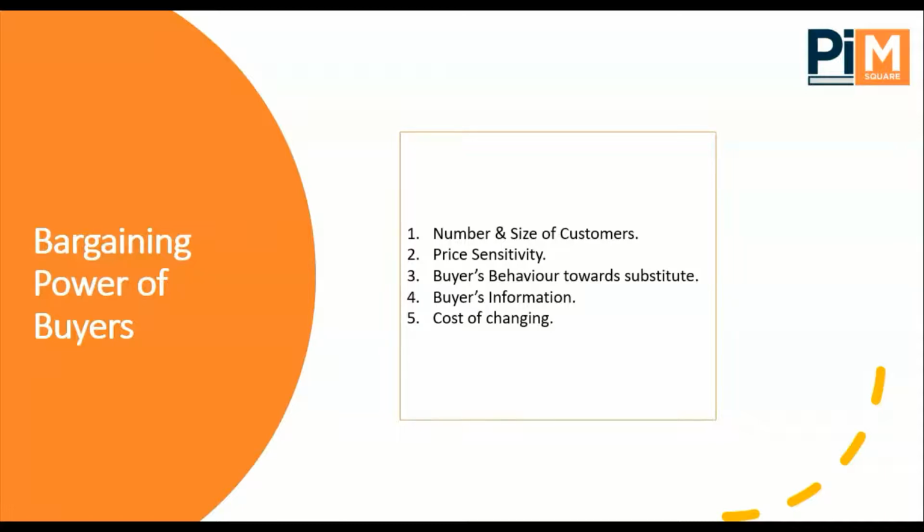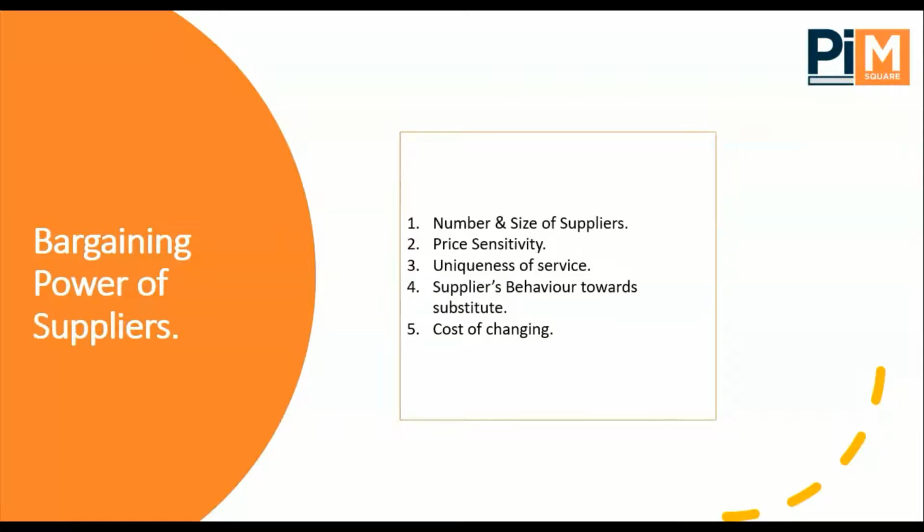Let's say you have X product and the buyer gets a Y product at a very low cost, so then the cost of changing is very low. These are some of the important parameters. There are two, three more parameters, but these are important to understand the bargaining power of the buyer. We'll understand it in more depth while discussing the examples.